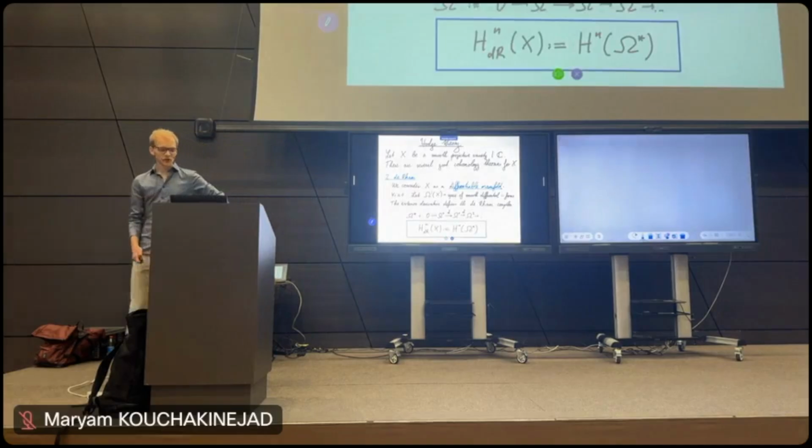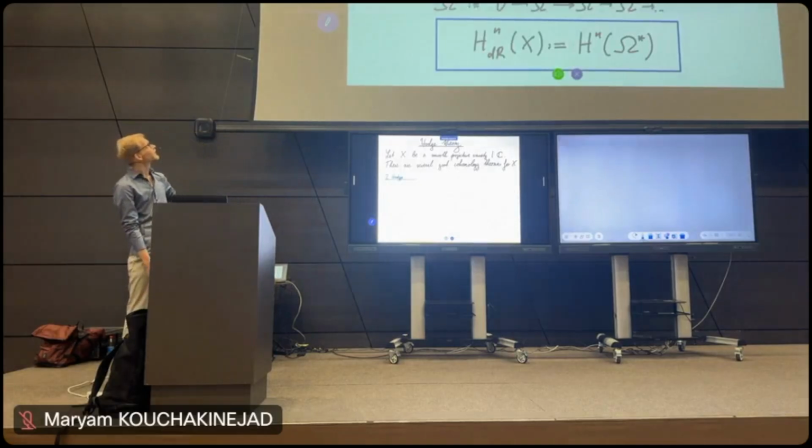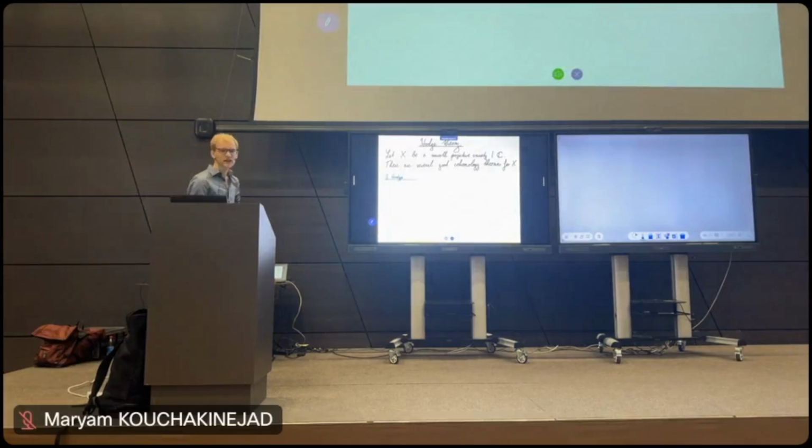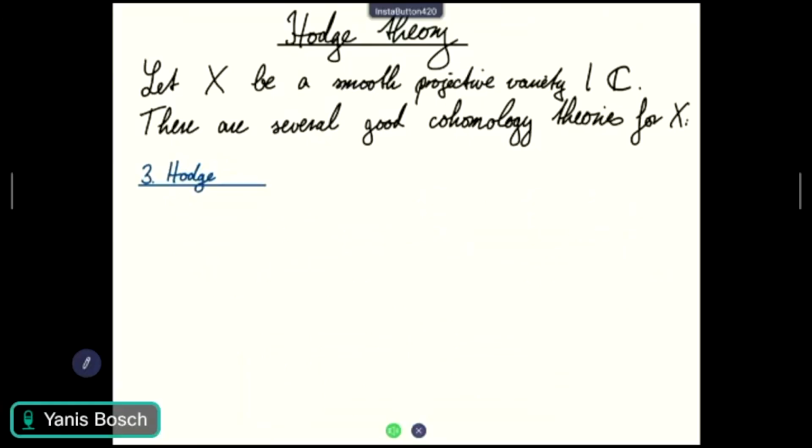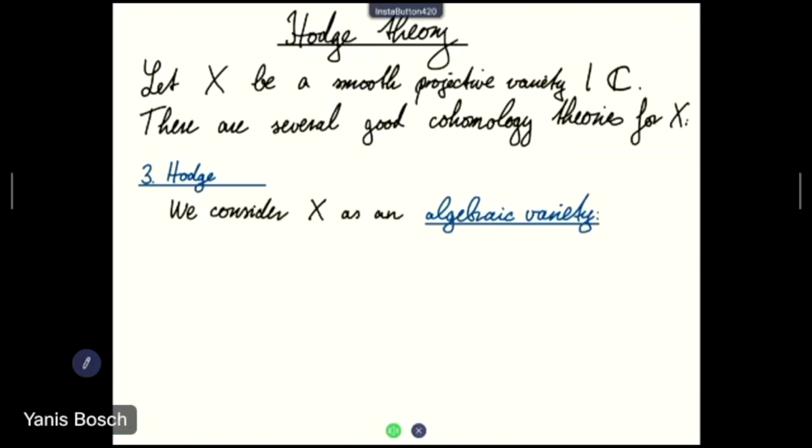And the third world I talked about on my first slide was the world of algebraic varieties. And this I can use to define the third kind of cohomology theory, which is Hodge cohomology. So how does this work? This time I consider X as an algebraic variety, let's say over the complex numbers.